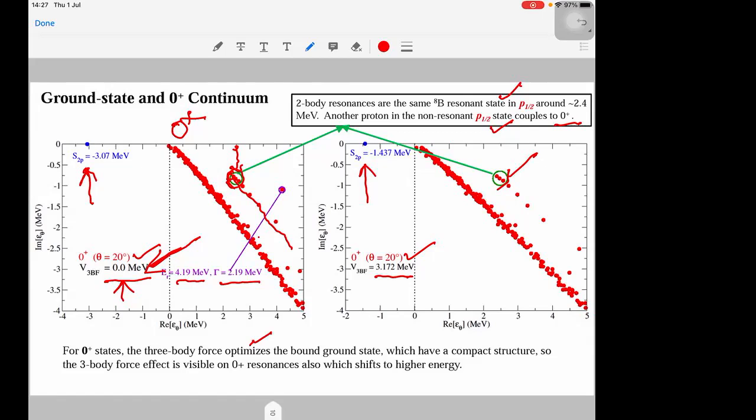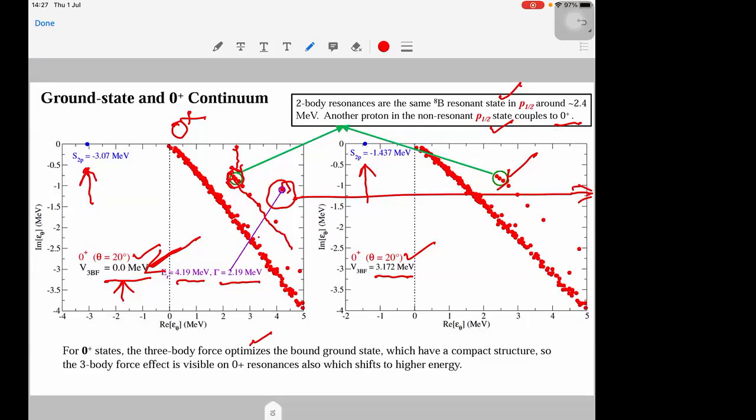So basically, the bound states have more compact structure. So the three body force effect is visible on 0+ resonances, due to which this three body resonance is shifted to higher energy and it moves out of the plane or out of this picture.